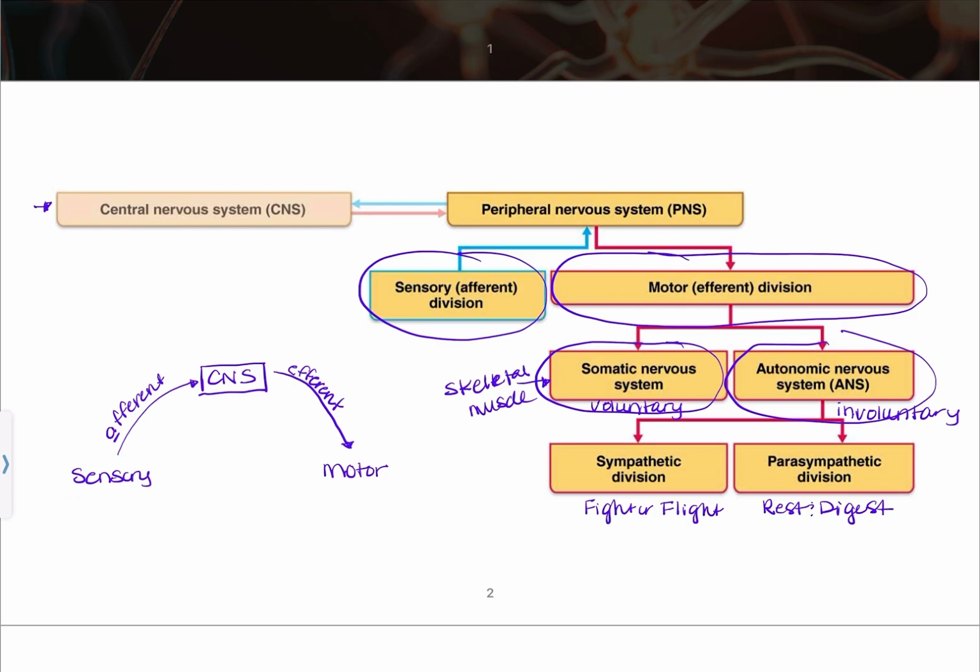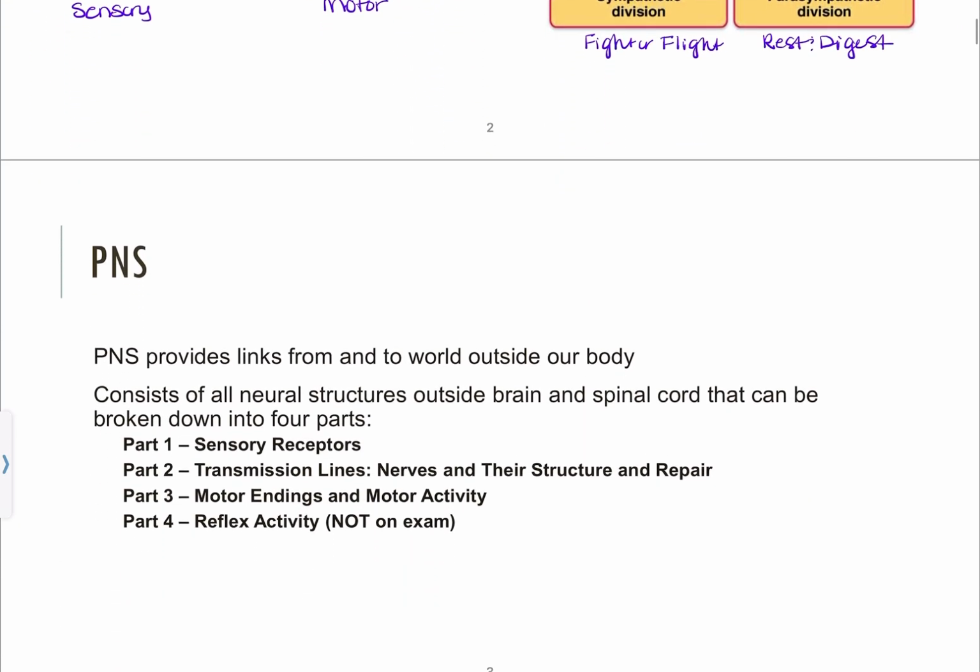So pretty much depending on the status of our body or whatever environment we're in, will determine which division is going to be dominating the organ at that time. So the autonomic nervous system is going to be the topic of chapter 14. In this chapter, we're really just going to focus on the difference between the sensory division and the motor efferent division just as a whole, not going into anything super specific.